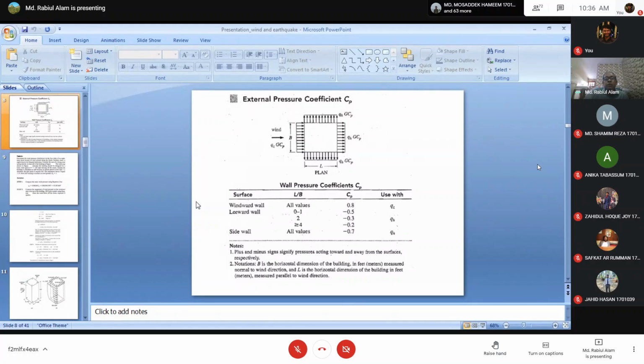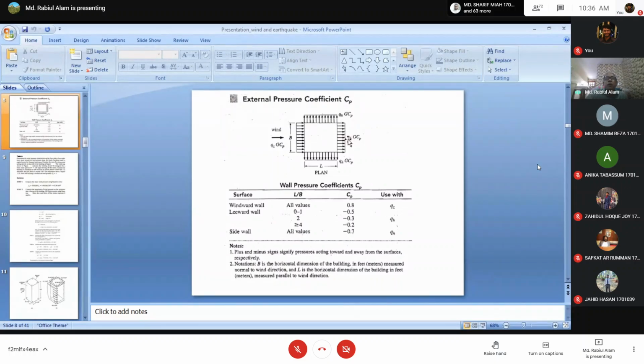Why? On the windward side, QZ means the wind pressure will vary as Z varies. At 10 feet height the wind pressure will not be the same as at 20 feet height. But on the other three sides, like the leeward side and the sides of the building, the wind pressure is considered the same from the ground to the top of the building.